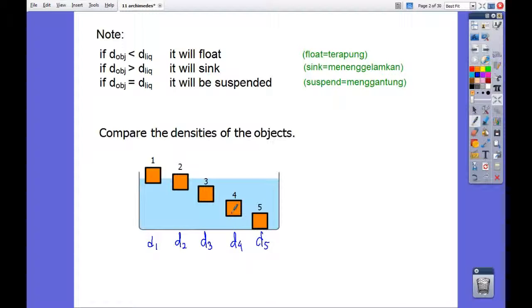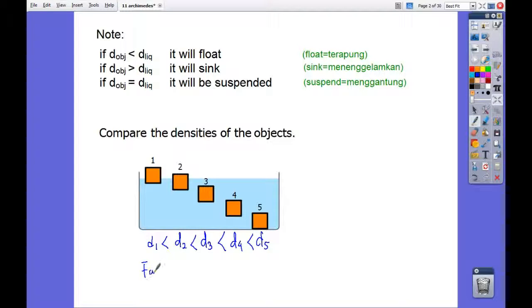As you know, the higher the density of the object compared to the density of the liquid, the more easily it will sink. And the lower the density, the easier for the object to float. So the density of object 1 is less than the density of object 2, less than the density of object 3, and so on.